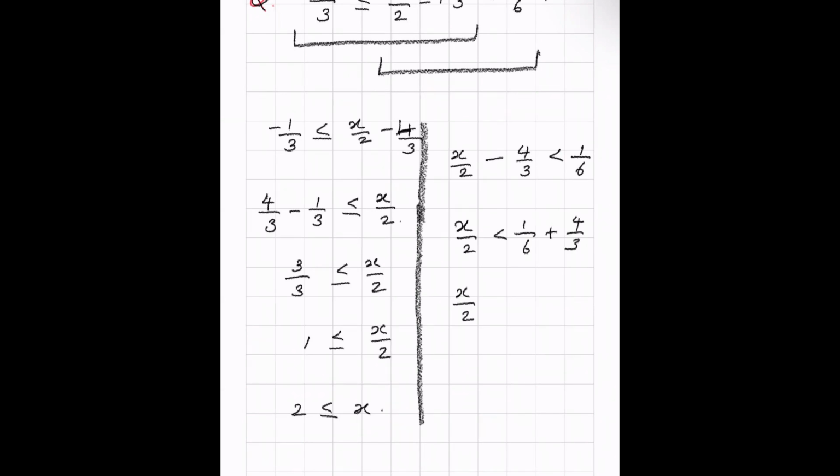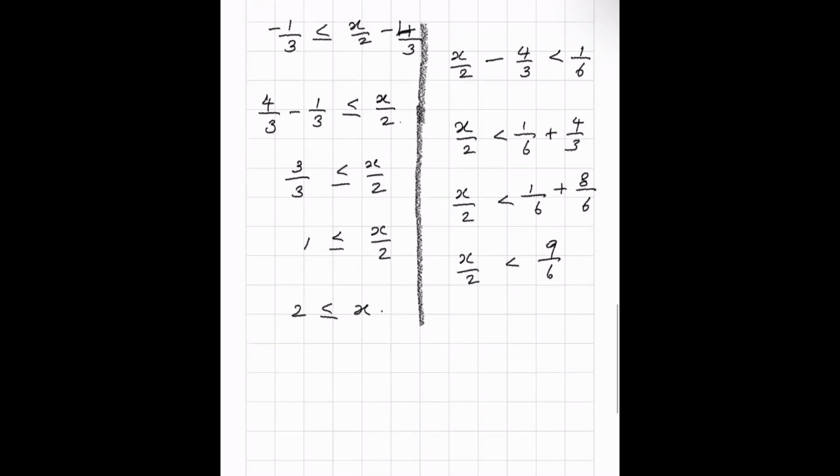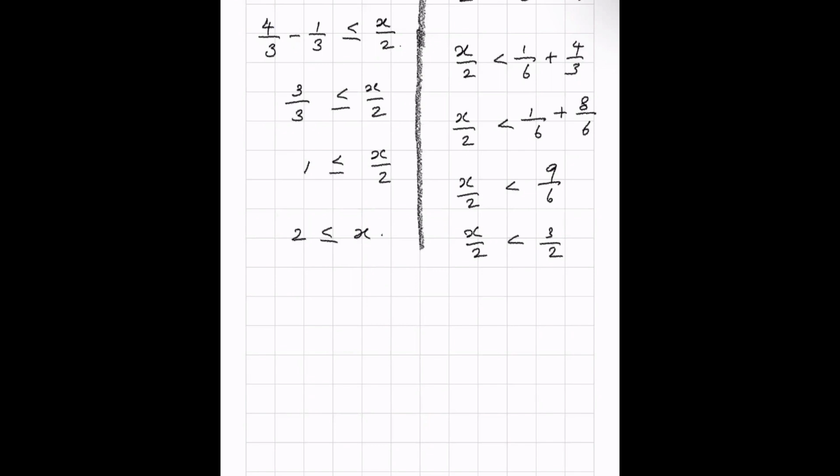This will give me x by 2 less than 1 by 6 plus 8 by 6. So this is x by 2 less than 9 by 6, which I can reduce and I'll get 3 by 2. If I multiply both sides by 2, the 2 gets cancelled out and I am getting x is less than 3.